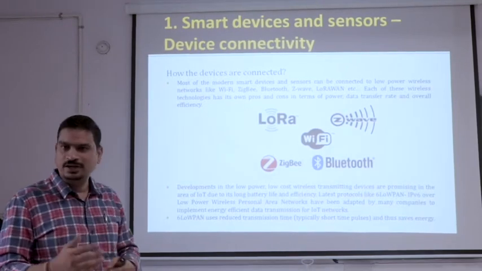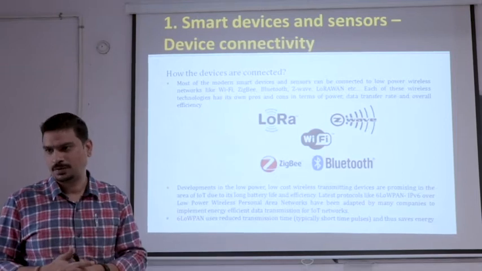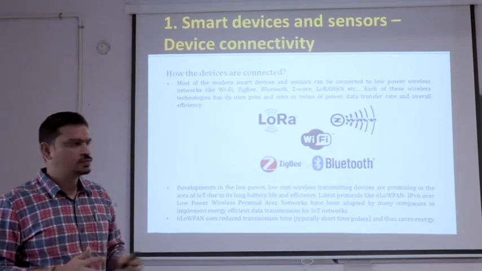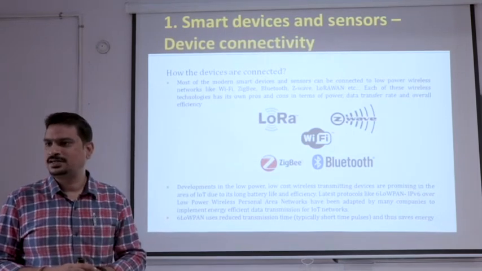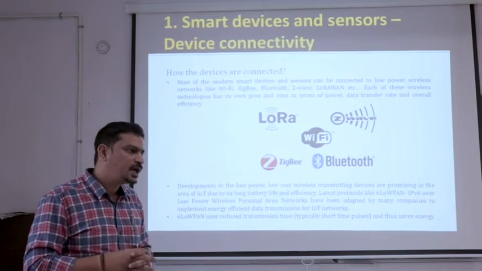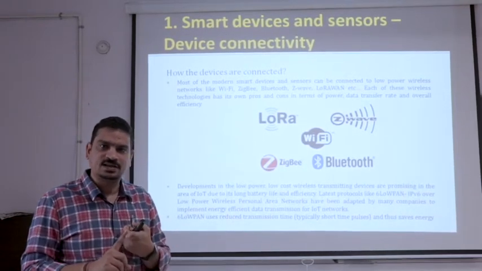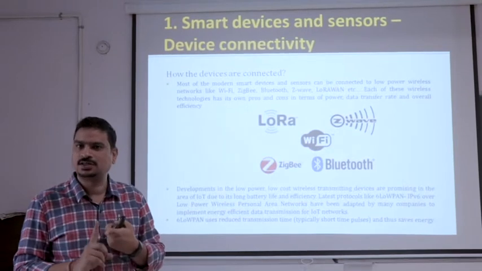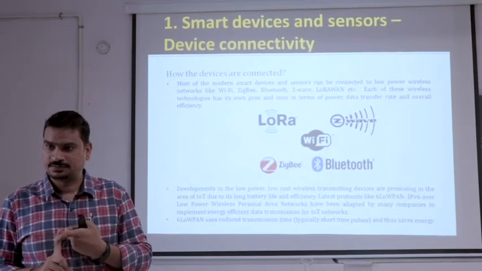Zigbee, for the low power devices we use the Zigbee protocol. So Wi-Fi, have you heard about IEEE standards? IEEE 802 standard. This particular standard is the standard for computer networks.